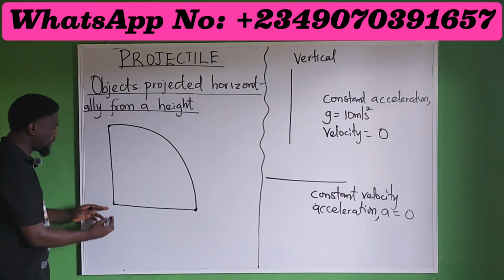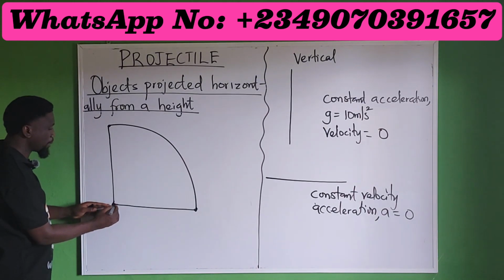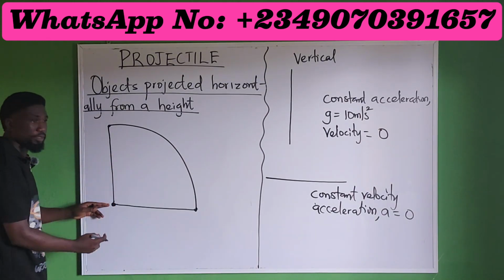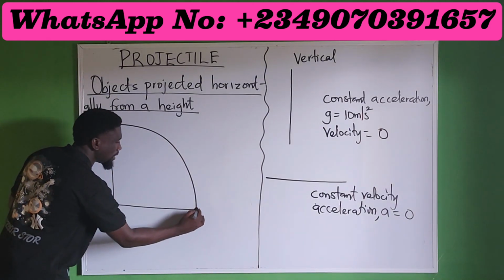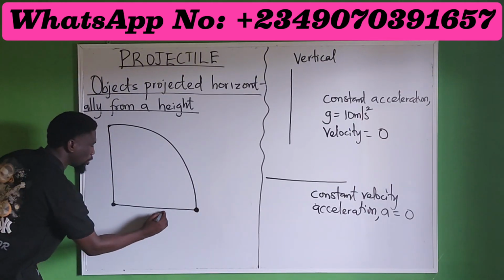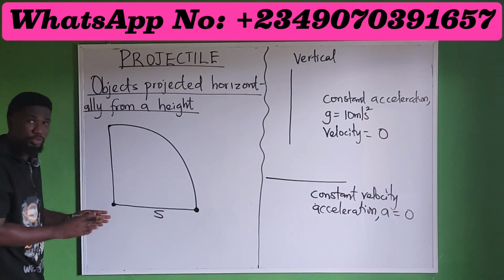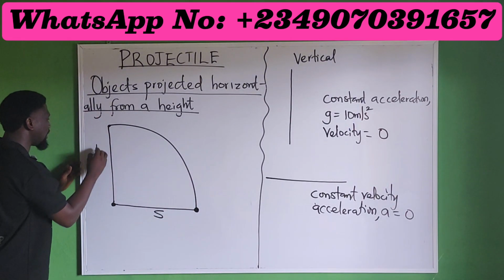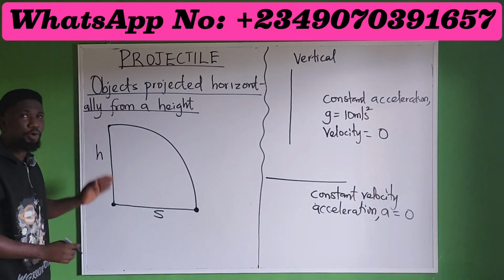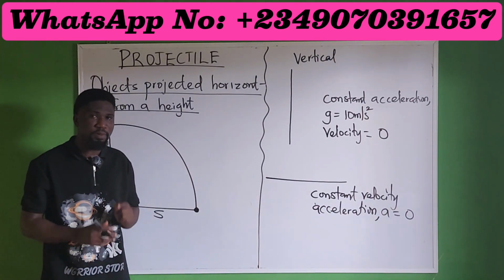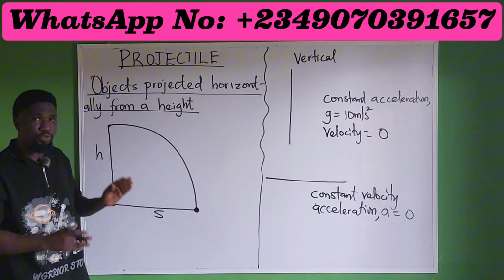From the foot of the hill to where the object lands represents the horizontal distance, and here is h, which is the height of the cliff. Please take note of this.